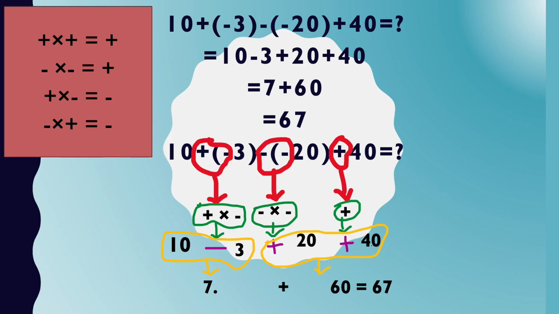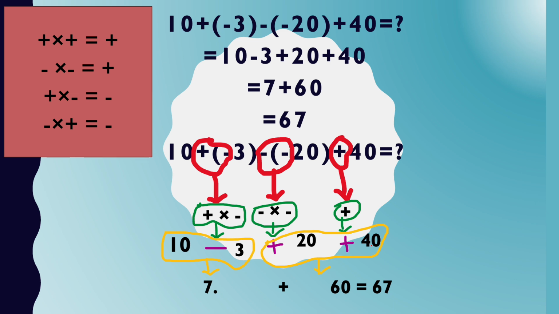When you see the box again, what is the answer when you multiply plus by minus? Minus. So between 10 and 3, the sign is minus.